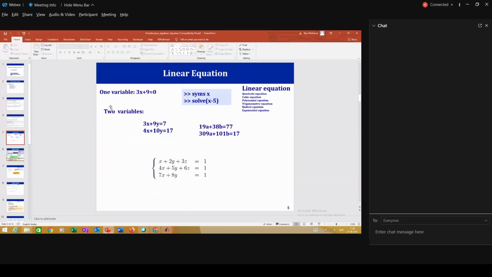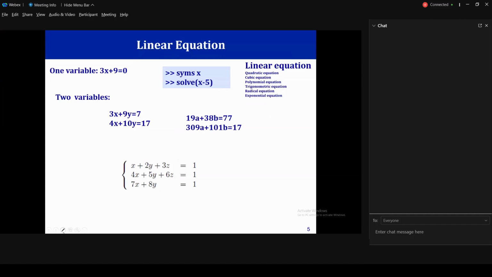Let's have two variable equations like this. How do we solve this? Simply by using the inverse in Matlab. So we can write this equation, let's say, as Ax is equal to B. Correct?